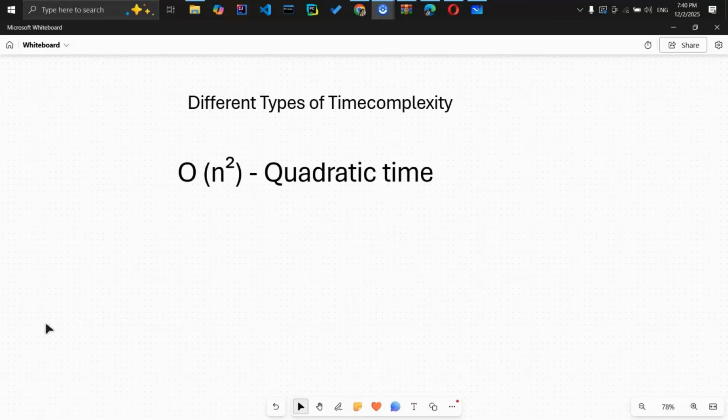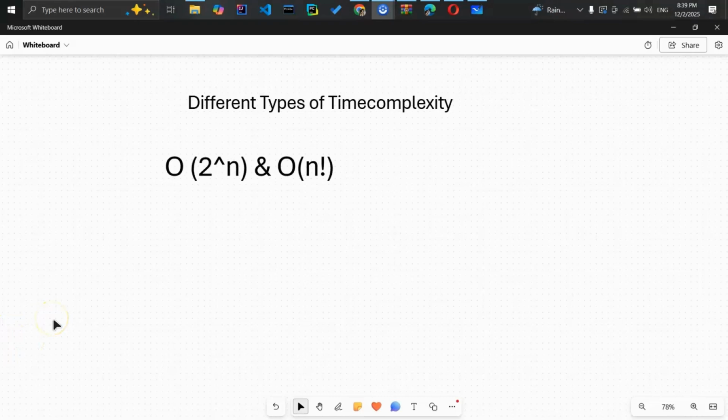If n equals 100, we get 10,000 steps. Think, for every student, you compare them with every other student. Examples: bubble sort, insertion sort, selection sort, checking all pairs in a list.